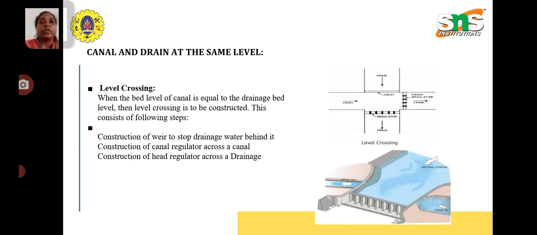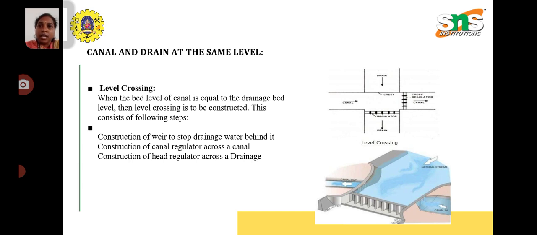Next, for the level crossing, the construction of the canal regulator across a canal, then the construction of the head regulator across a drainage. There are two. The canal regulator is for the canal, which is a human-made structure.